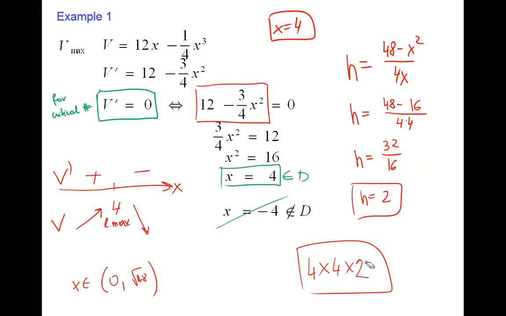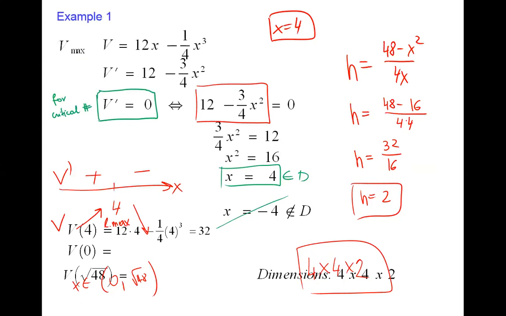Maybe we can ask just for x, like just for length or width, or we can ask for height too, or completely for the whole dimensions. Okay, let's follow the same steps and solve the other problem. The answer here is 4 by 4 by 2.